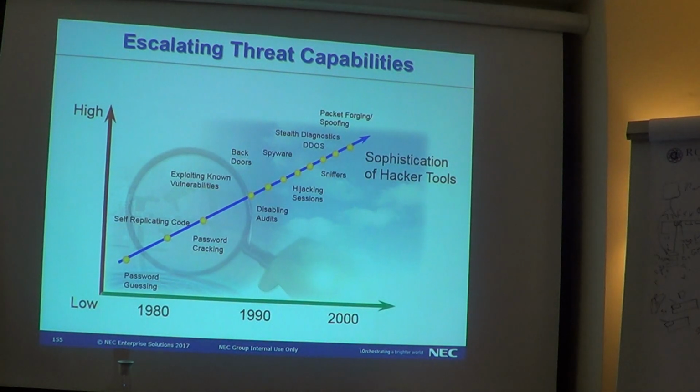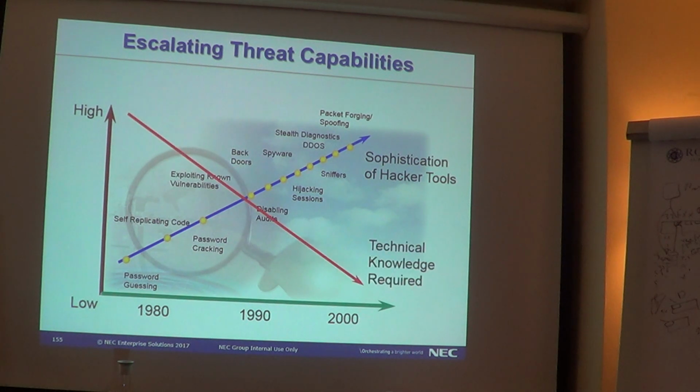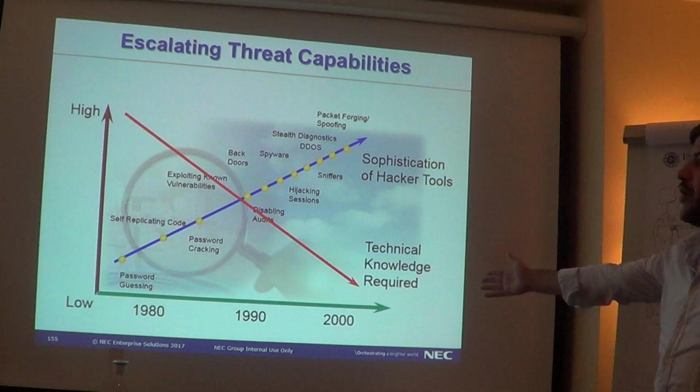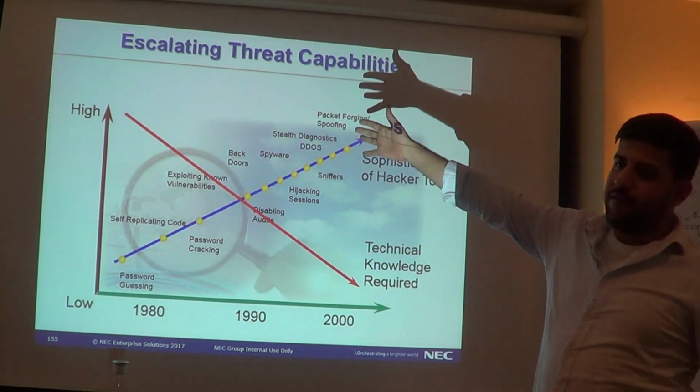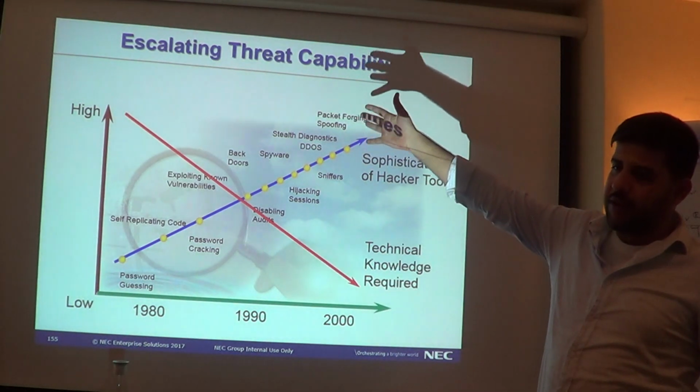In the old days, like in 1980, it was really sophisticated to do any kind of hacking, and there was a really low chance that you would feel you were being attacked, because the technical knowledge in those days was really low, and it required a lot of study before you really knew what a password could do.